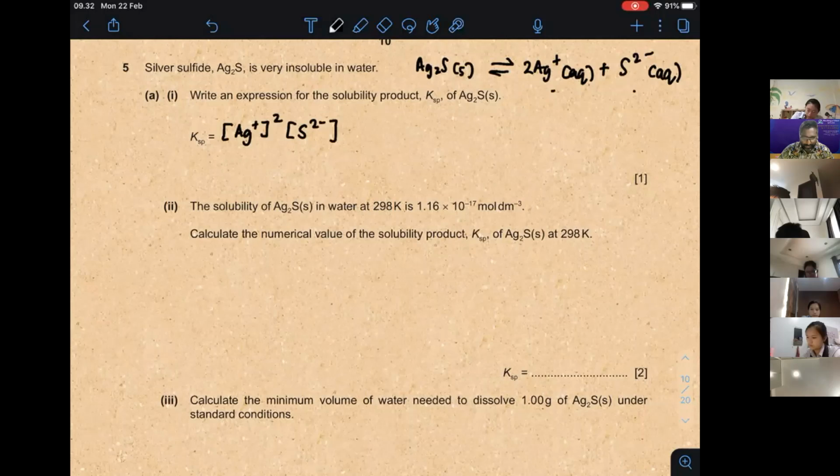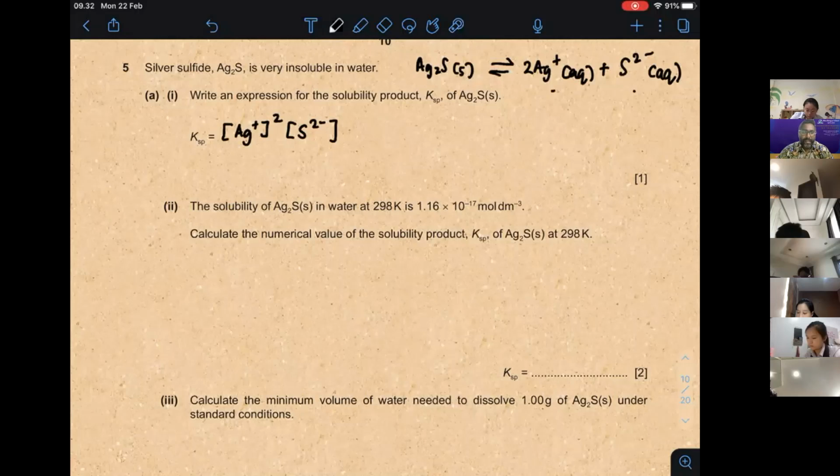So this is going to be the expression that they are looking for. And then they are asking, the solubility is going to be 1.16 times 10 to the power of negative 17. So that is solubility. So what is solubility?